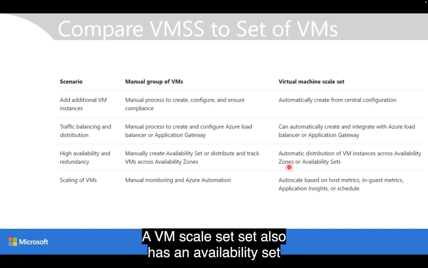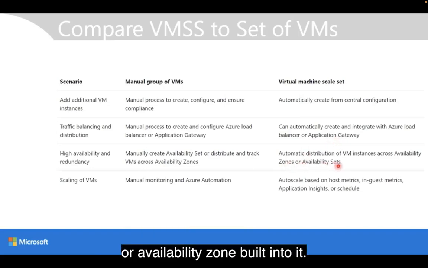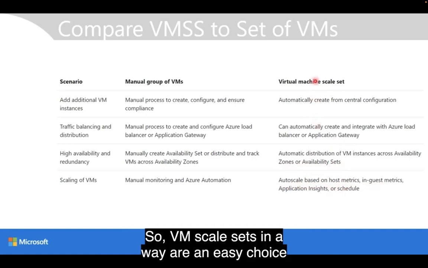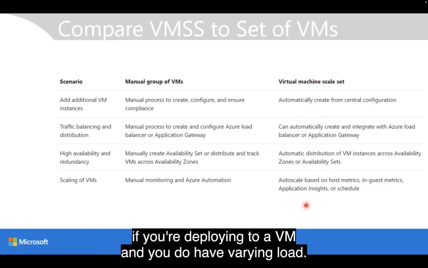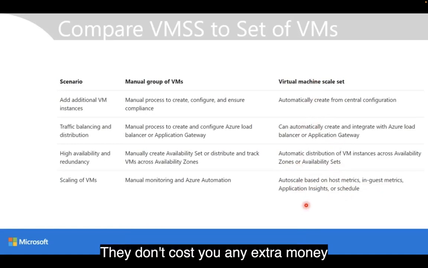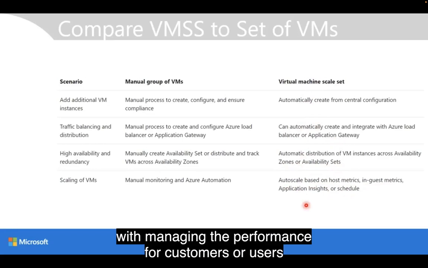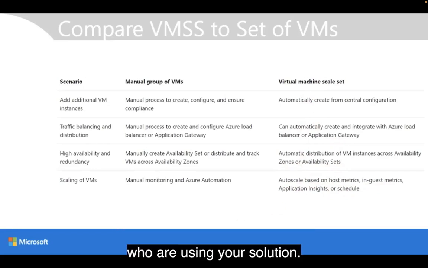A VM scale set also has an availability set or availability zone built into it. So that's even set up for you. And then, as was discussed earlier, you can auto scale based on metrics or based on a schedule. So VM scale sets, in a way, are an easy choice if you're deploying to a VM and you do have varying load. They don't cost you any extra money. And it just means that Azure will help you with managing performance for customers or users who are using your solution.